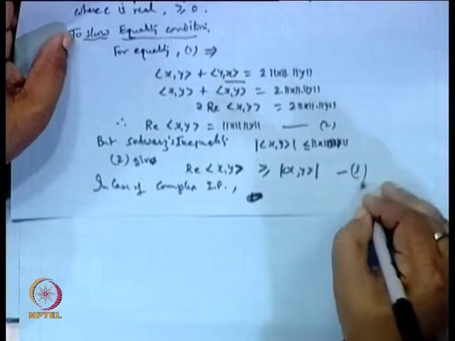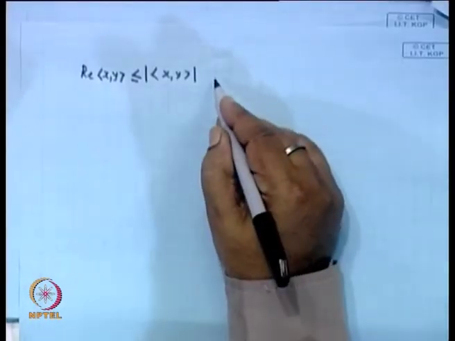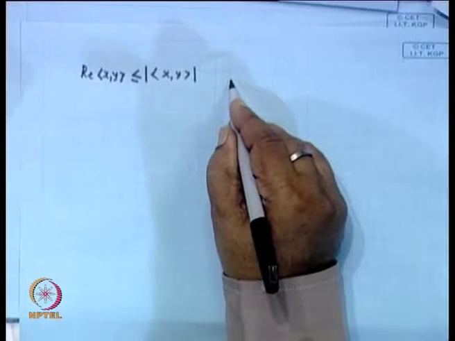Clear? So, here in 3 we are getting the real part is greater than or equal to this, while in this case you are getting the real part is less than or equal to this.